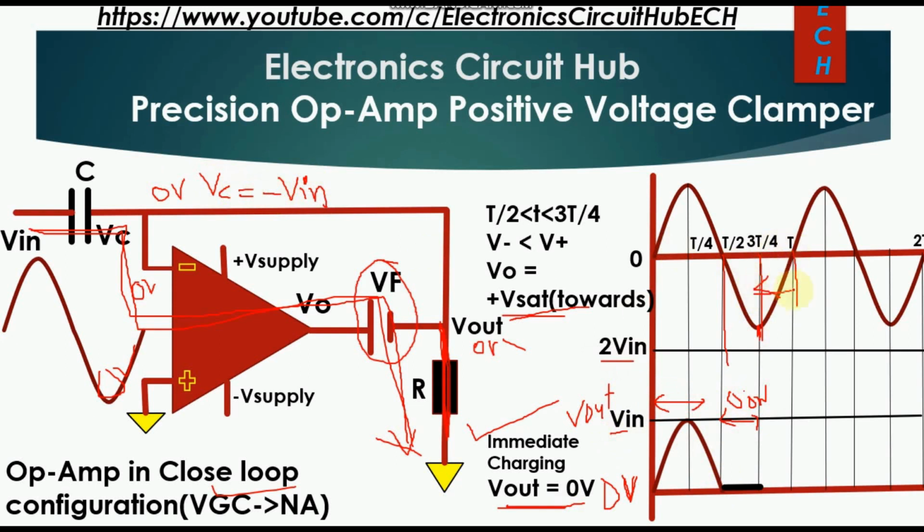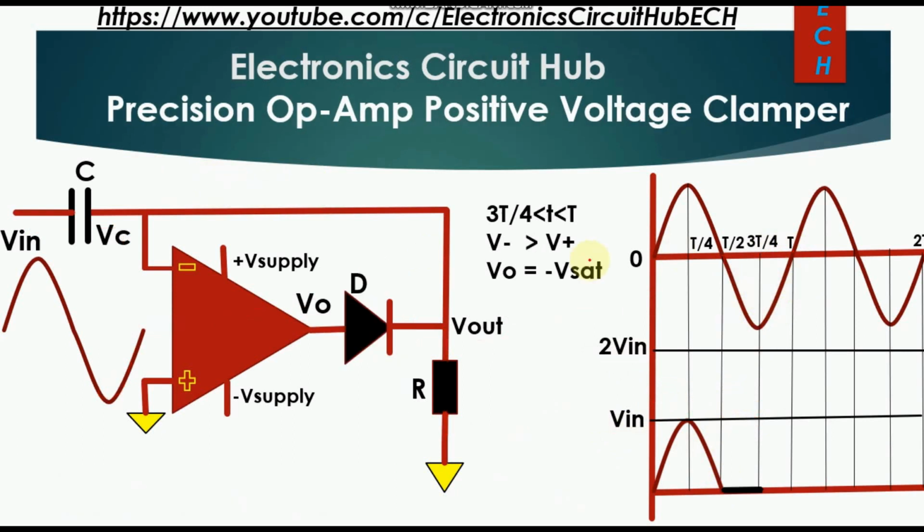Now we will see time period T greater than 3T by 4 and less than T. At that point of time you again have V minus greater than V plus, that means voltage at the negative terminal of an op-amp is greater than voltage at the positive terminal of an op-amp. At that point of time your op-amp will go towards negative saturation.